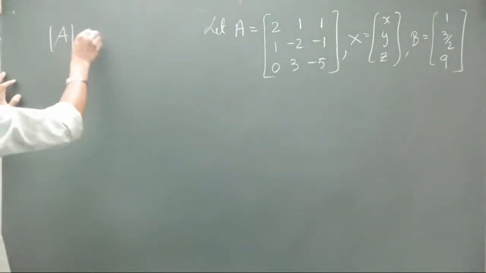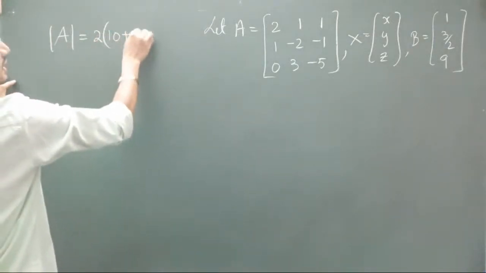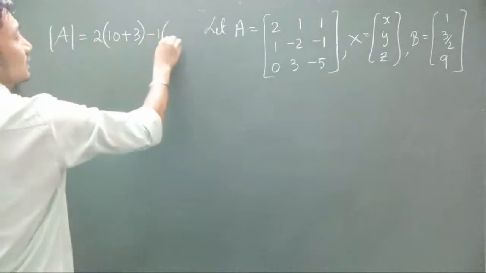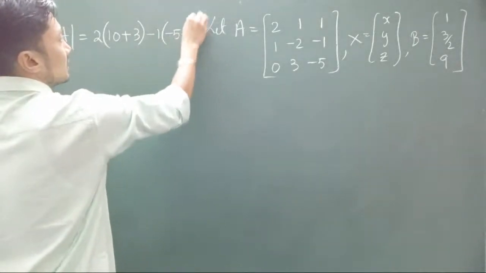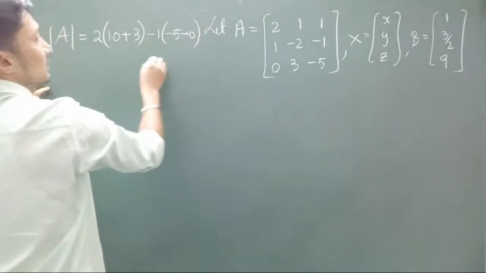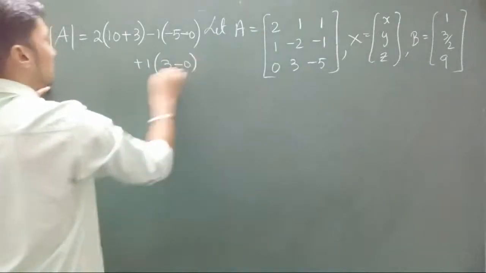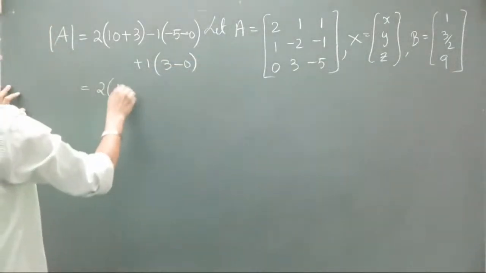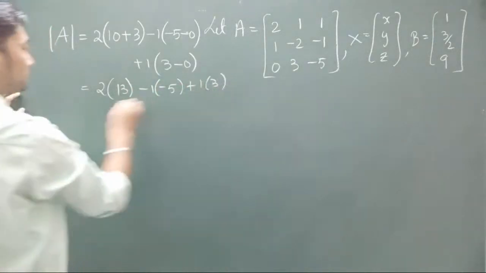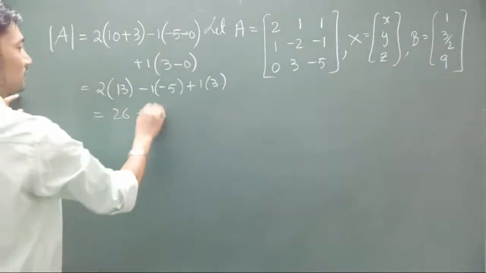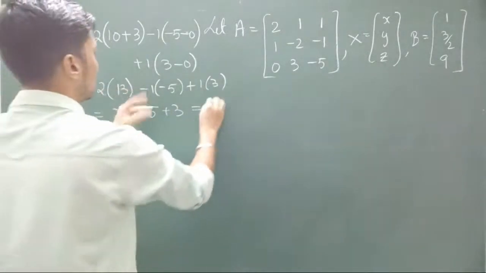Determinant of A. So that's 2 into 2 5s are 10 minus minus plus 3 minus 1 into minus 5 plus minus 0 plus 1 into 3 minus 0. So that's like 2 into 13 minus 1 into minus 5 plus 1 into 3. 26 plus 5 plus 3. 26 means 30, 31, 32, 33, 34.